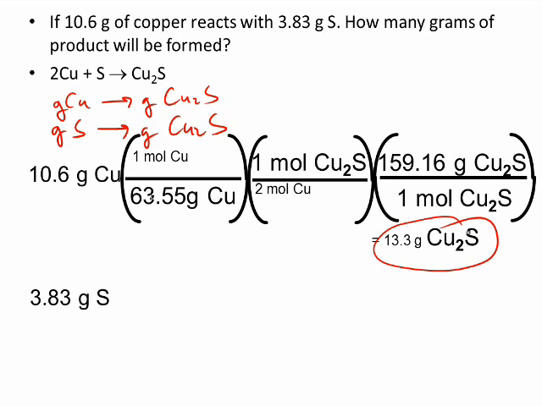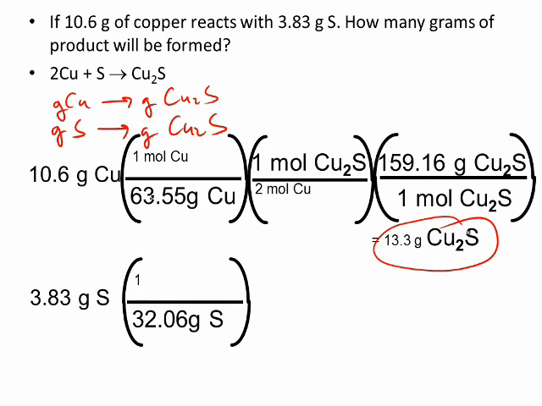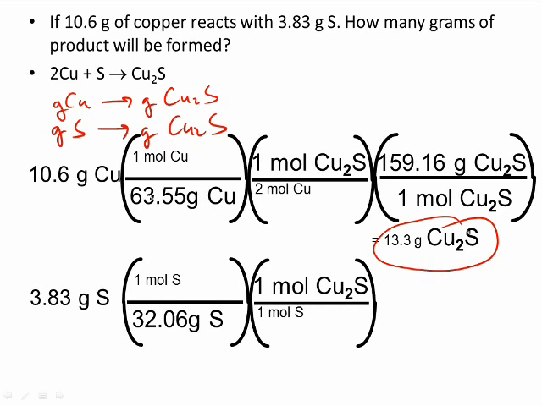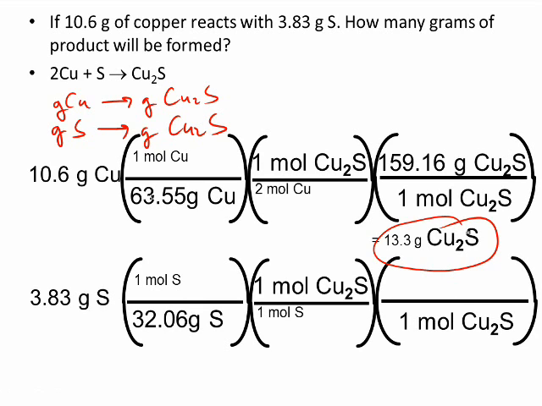Now let's try the sulfur. 3.83 grams of sulfur. We multiply it by 1 mole of sulfur, that's 32.06 grams. We multiply it by the mole ratio from the equation. 1 mole of sulfur is to 1 mole of copper sulfide, and multiplied by the molar mass of copper sulfide, and we get 19.09 grams of copper sulfide.